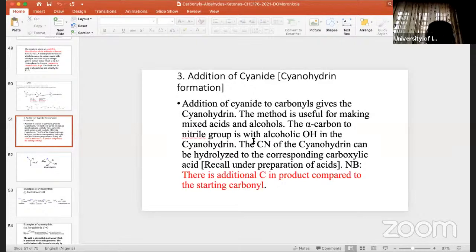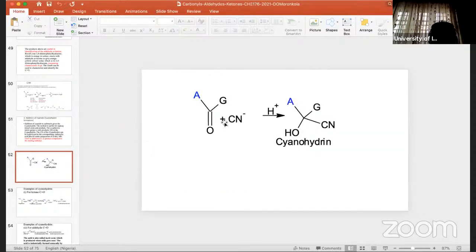The alpha carbon to the nitrile group carries the alcoholic OH in the cyanohydrin, and the CN of the cyanohydrin can be further hydrolyzed to give the corresponding carboxylic acid. And you will always notice that the final product possesses an extra carbon from the carbon of the cyanide that is coming up. So this is your carbonyl, there is the extra carbon coming up there, and that final product there is the cyanohydrin.